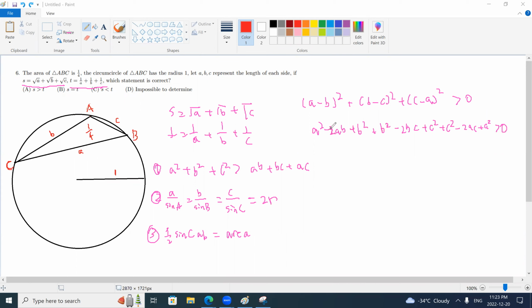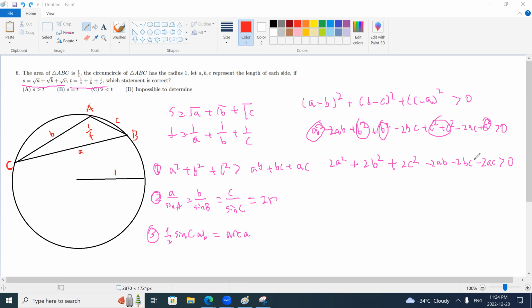Now let's rewrite this. Let's combine the a squared terms into 2a squared, plus 2b squared, plus 2c squared, minus 2ab, minus 2bc, minus 2ac, greater than 0.